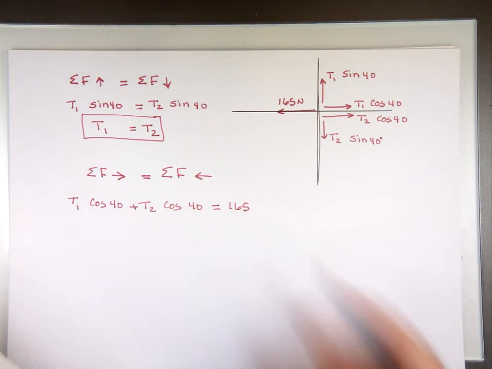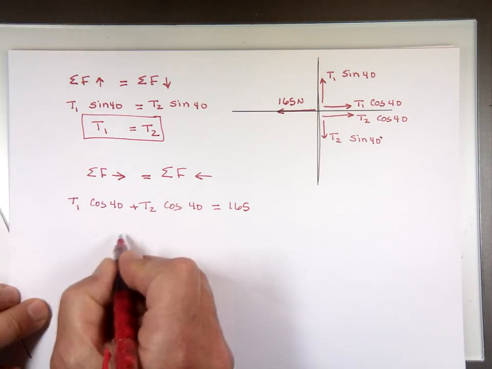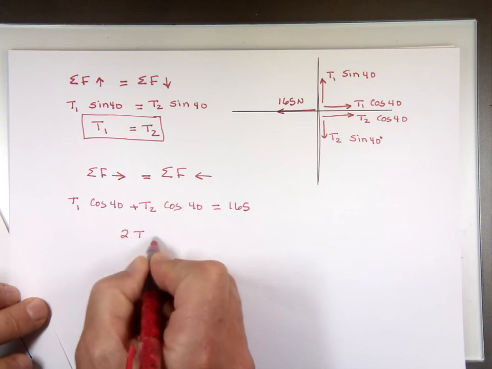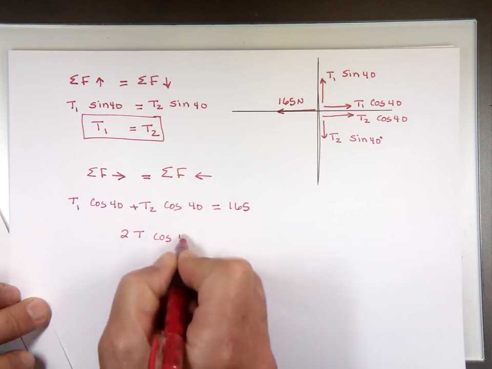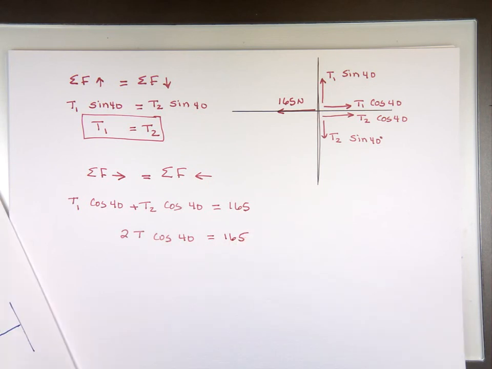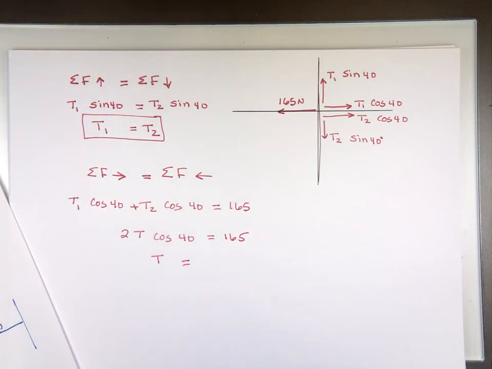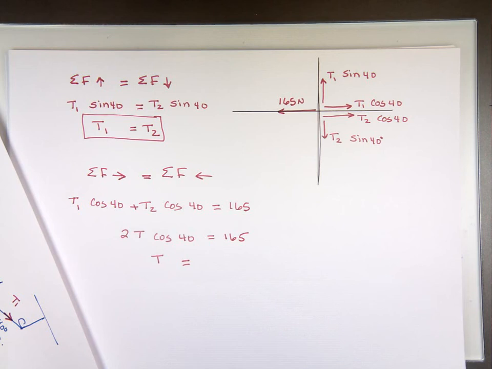Since T1 is equal to T2, I'll just call them T. There'll be two of them. Can we get what T1 and T2, which is the same as T, is? That's 165 divided by 2 cosine 40. 165 divided by 2 divided by cosine of 40.